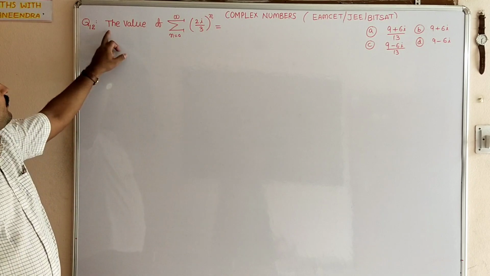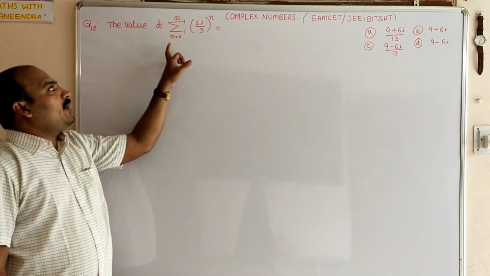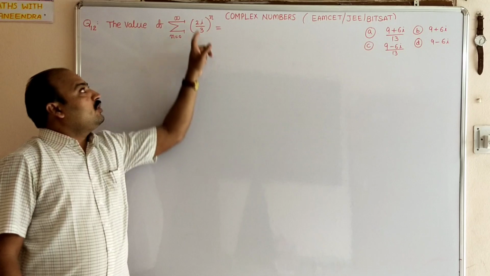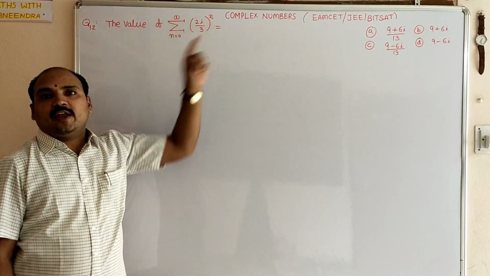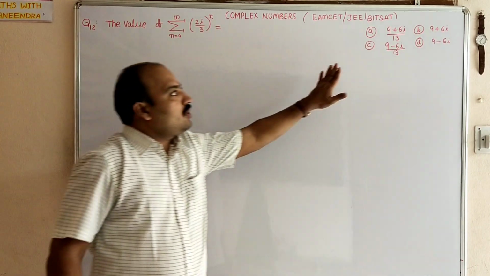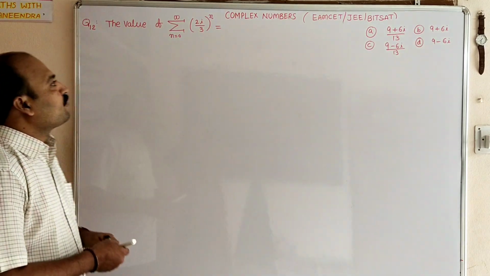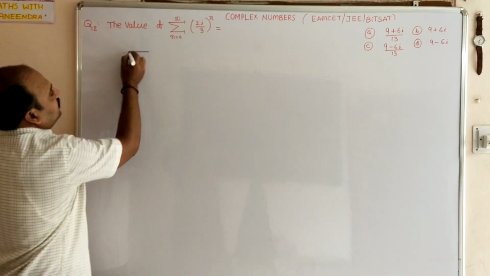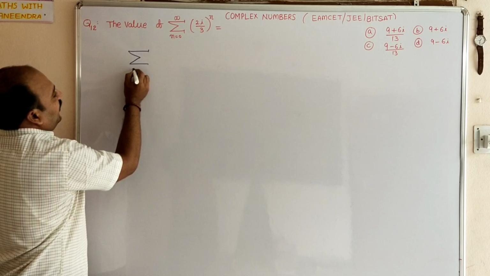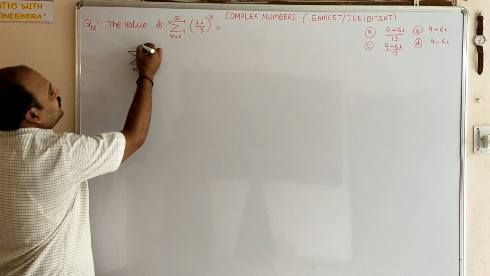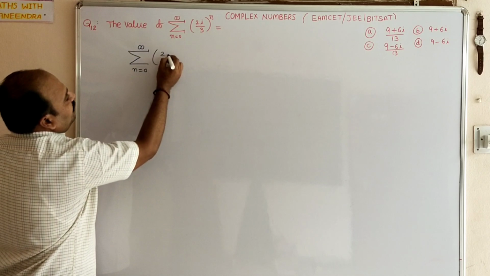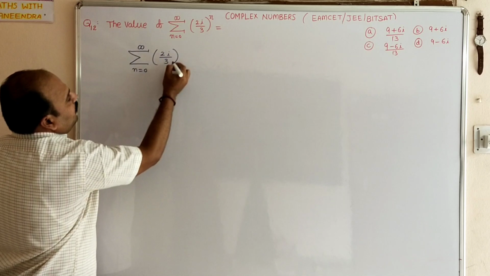The next question. The value of sigma n equal to 0 to infinity, (2i by 3) whole power n, equal to... So these are the options available for us. First consider sigma n is equal to 0 to infinity, (2i divided by 3) whole power n.